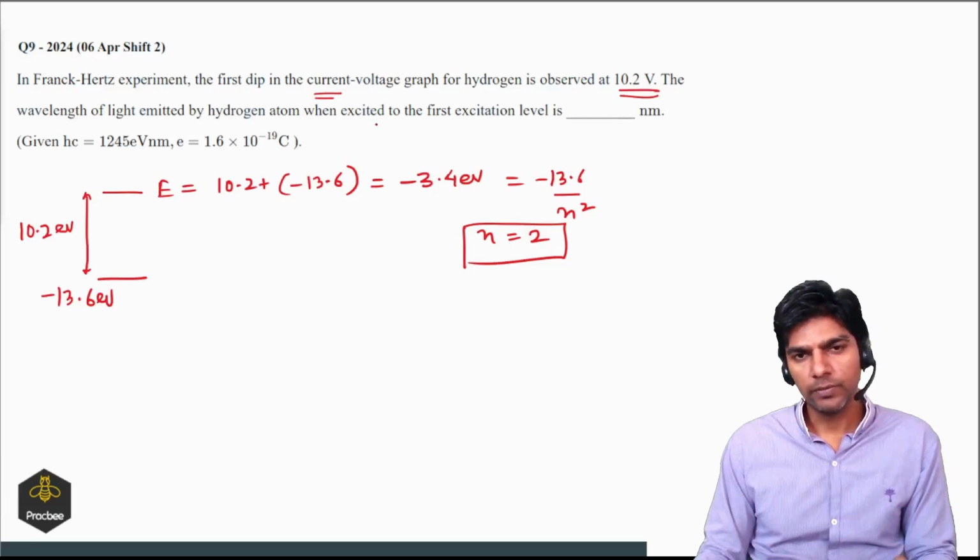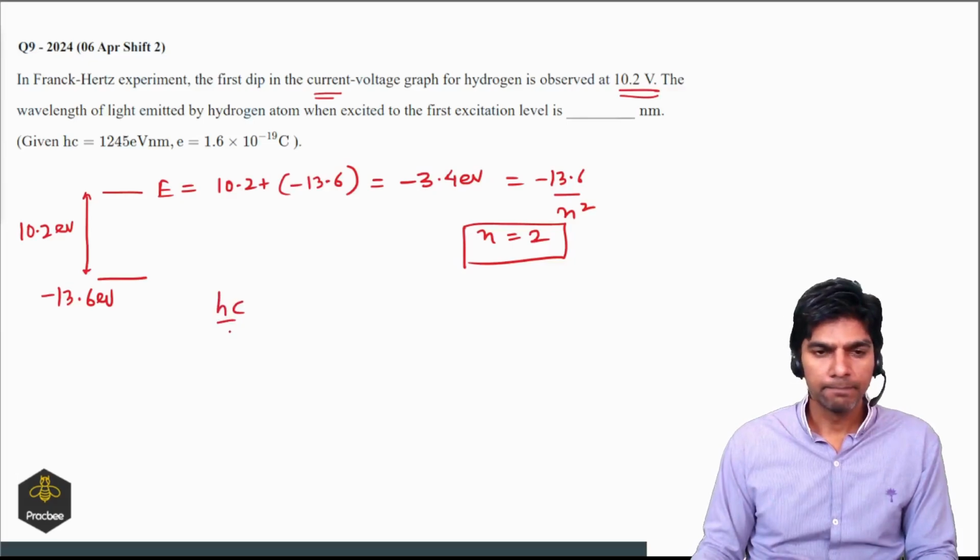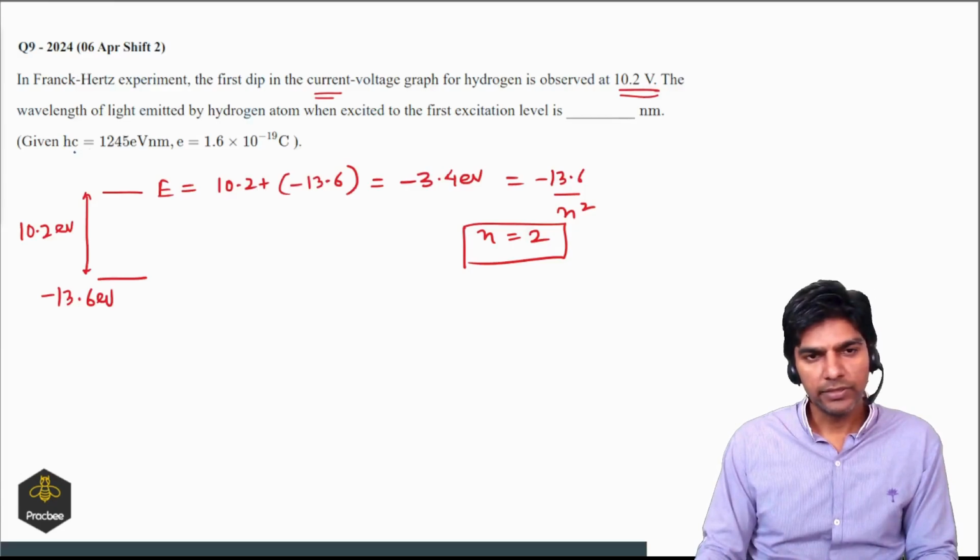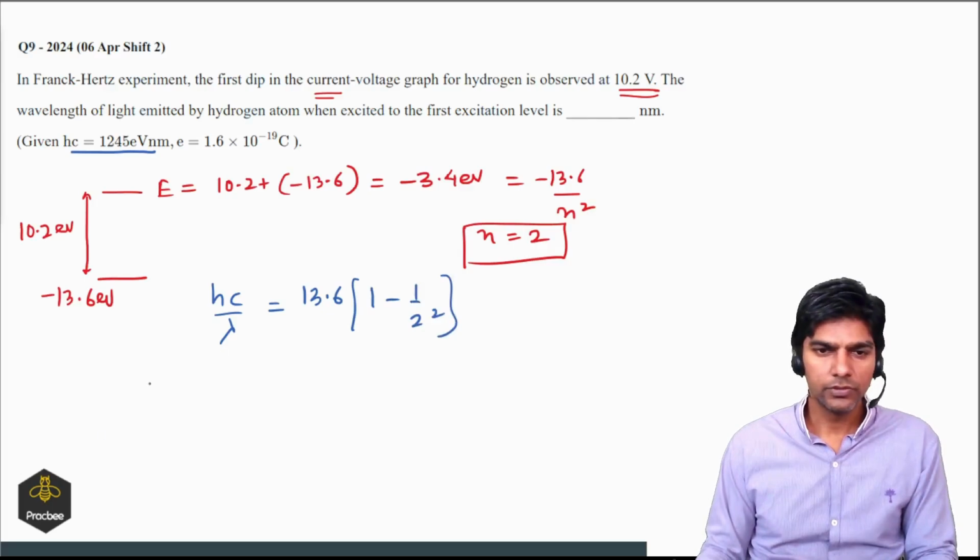So they're talking about the wavelength. So we can say hc by lambda will be 13.6. That is also given to us, right? If you look at the data, they have clearly mentioned hc is 1245 electron volt nanometer. So we can say hc by lambda will be 13.6 times 1 minus 1 by 2 square.